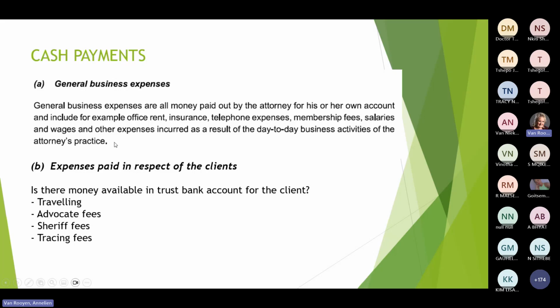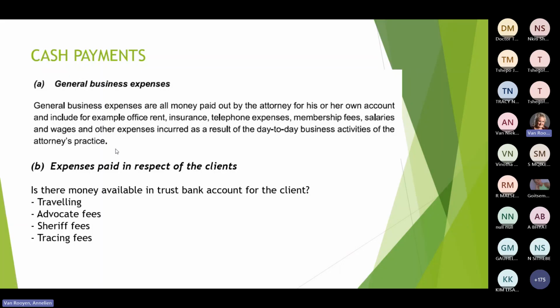And you can really think there from a practical point of view, what will be the expenses in a legal firm. Salaries, wages, tea, coffee, some entertainment perhaps. There's various things. So from a practical point of view, just think logically and then think how that will be accounted for.